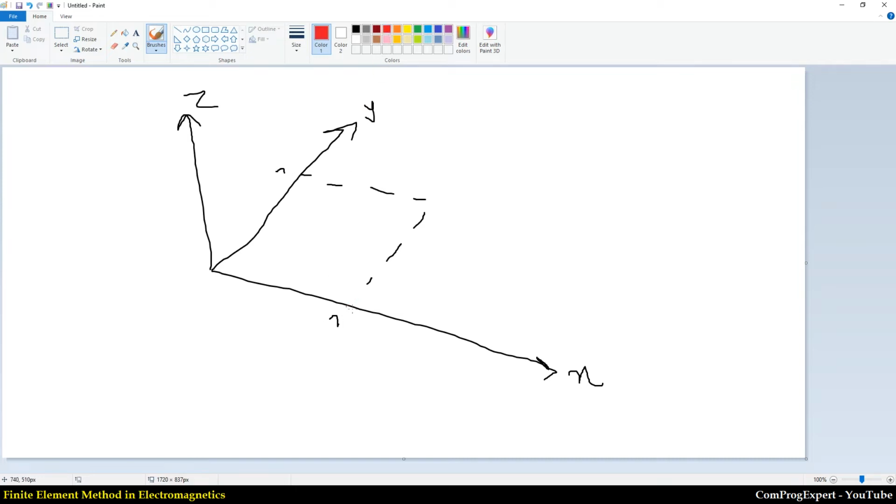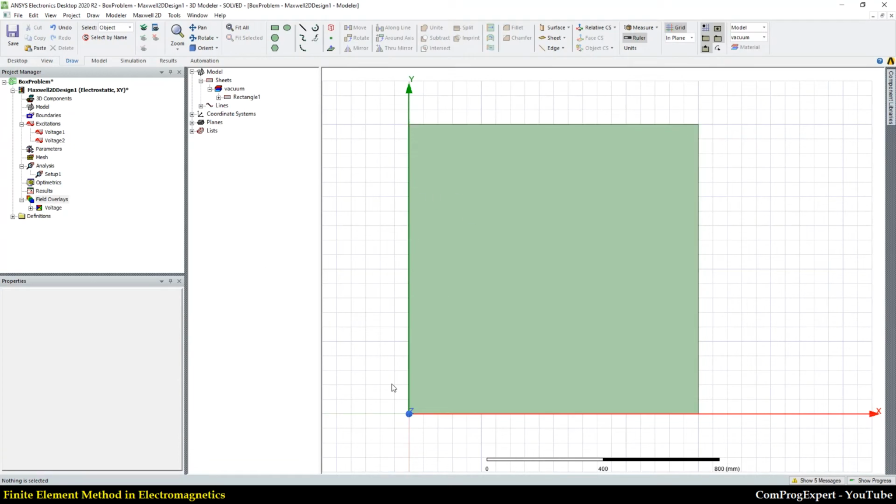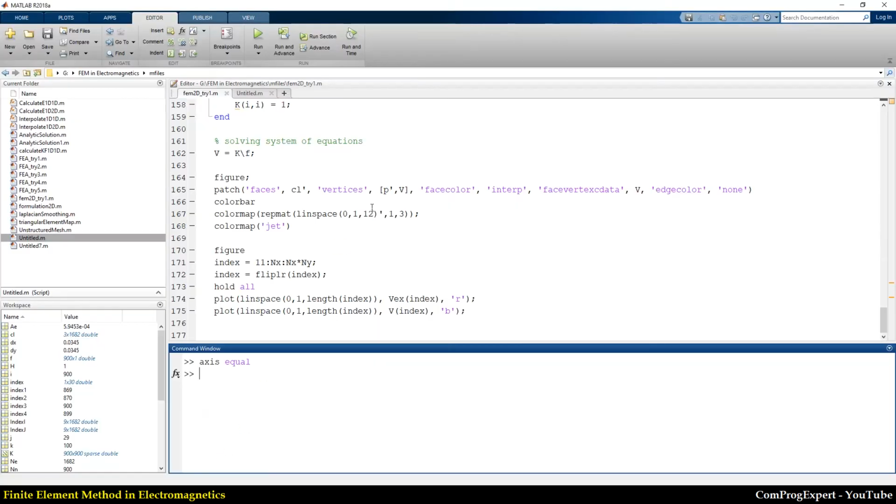Now consider I apply 0 electric voltage here and electric voltage variation like this, for example, a sinusoidal function, and 0 here and 0 here. So what if I apply this kind of boundary condition? So if I apply something like this, the electric voltage on boundary is a continuous function, right? Not a discontinuous function.